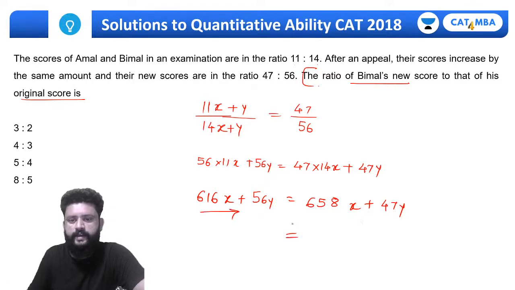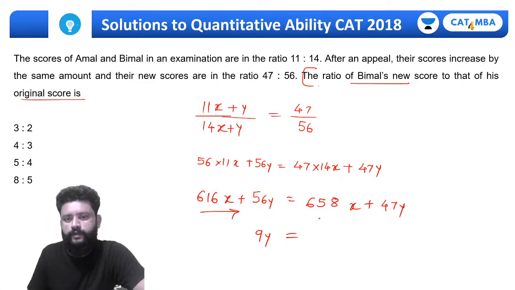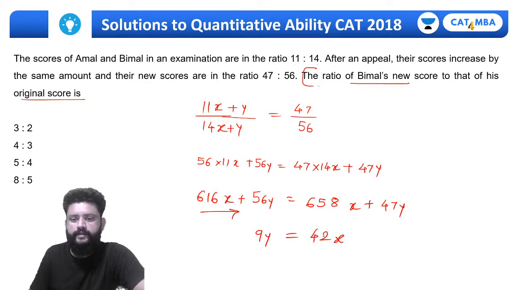Subtract this, get 9y equal to 42x, so y is 14 by 3 times x.